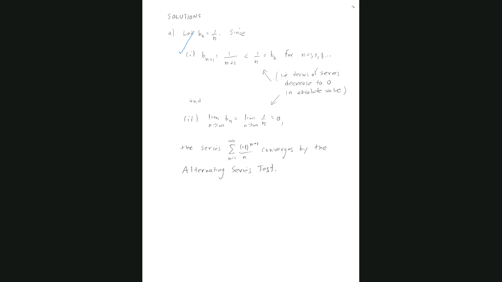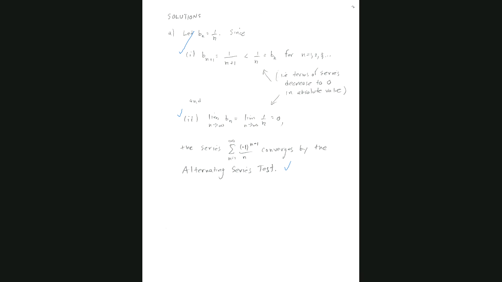So the second condition is satisfied. And therefore, this alternating series converges by the alternating series test. Okay, and that's all there is to it.